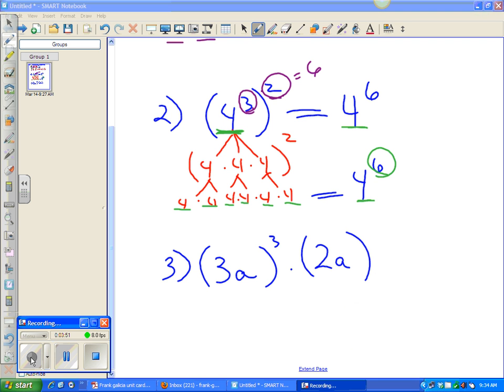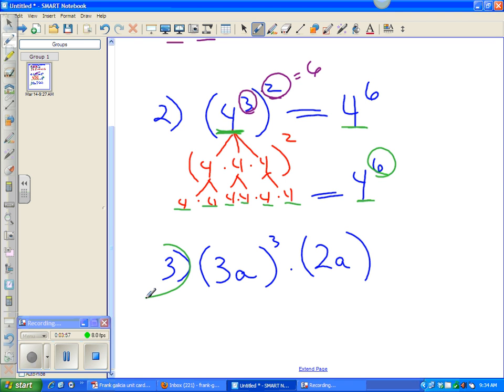Okay, here's an interesting one. Now, the 3 is not part of this. It's just a third example here. So I'm saying everything inside of this parentheses is raised to the 3rd power. So I'm going to have to do 3 raised to the 3rd times a raised to the 3rd.